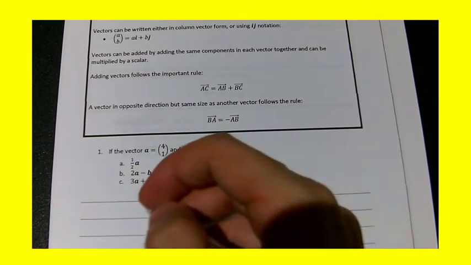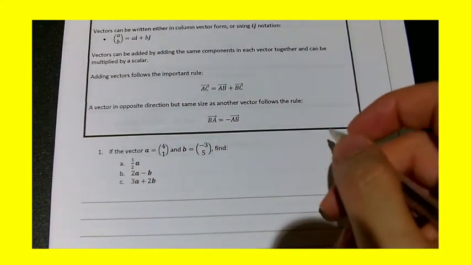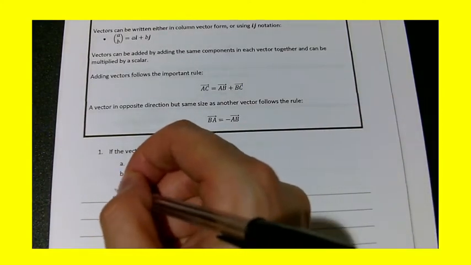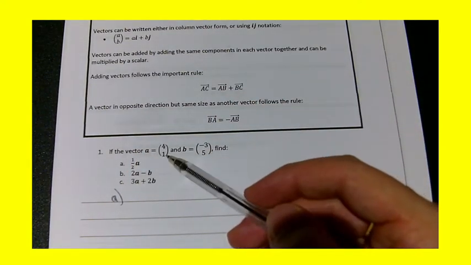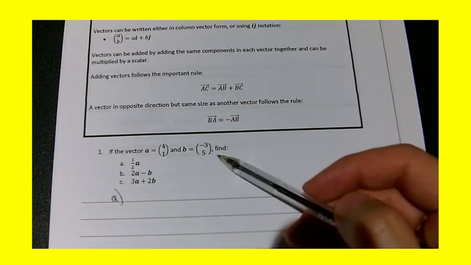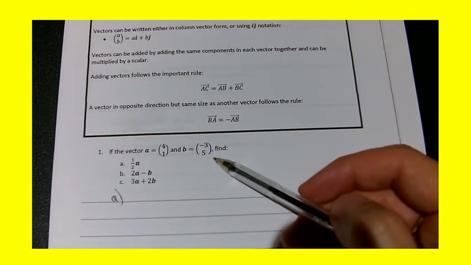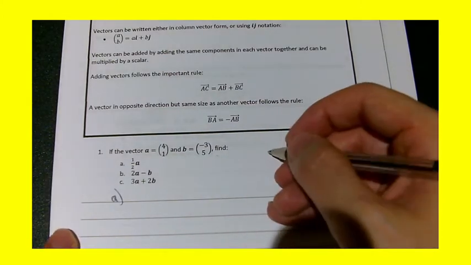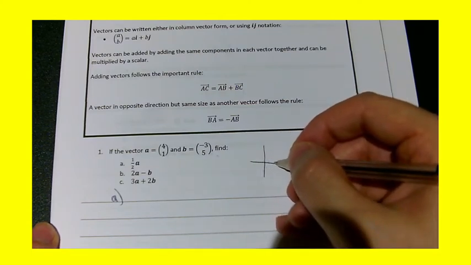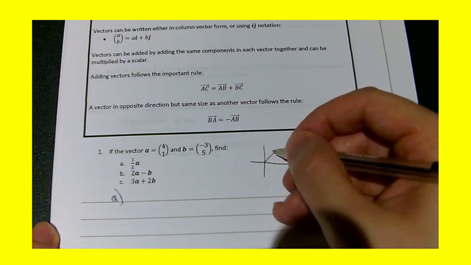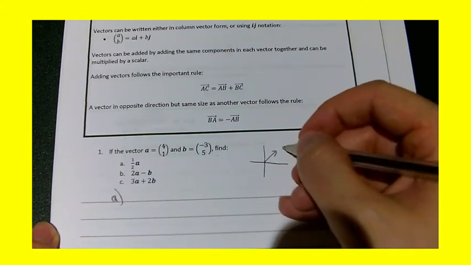So let's have a look at applying some of these basic concepts. So we've got a vector here, a = (4, 1) and b = (-3, 5). So this vector a (4, 1) on an XY axis, 4 across, 1 up, that would be the representation of the vector.